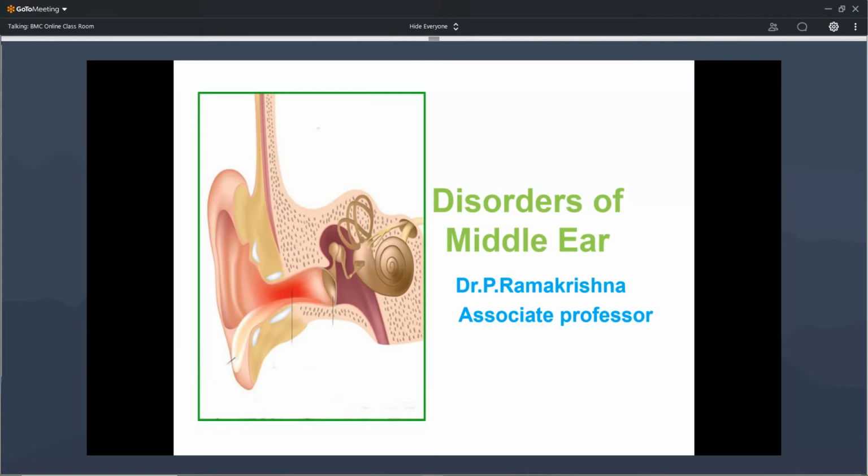Epitympanum, hypotympanum, mesotympanum are all included in the middle ear proper. So don't tell them separately in the middle ear cleft.